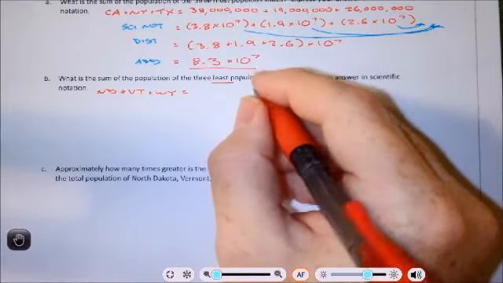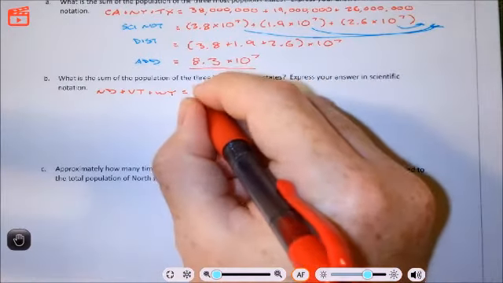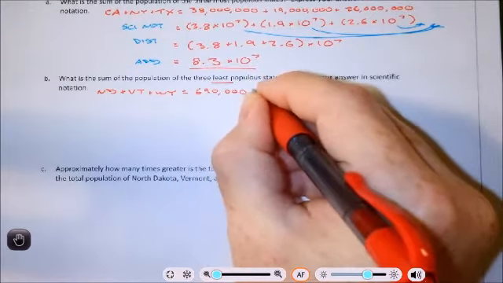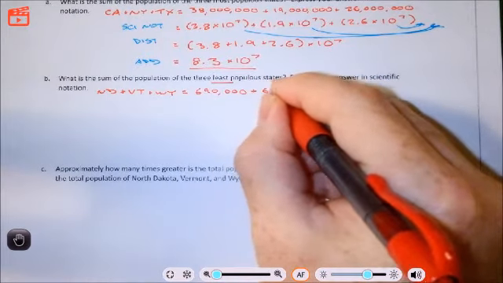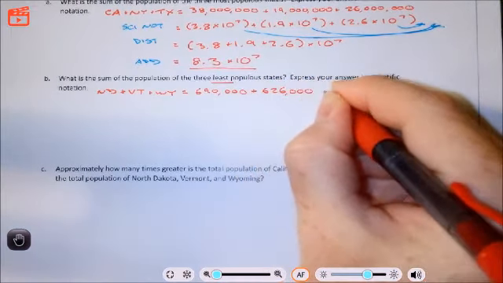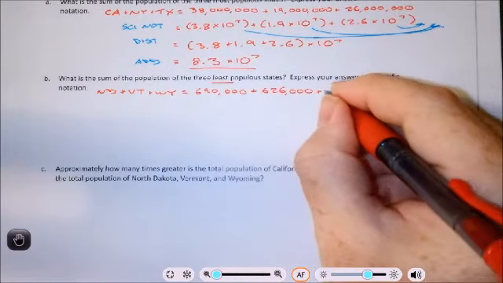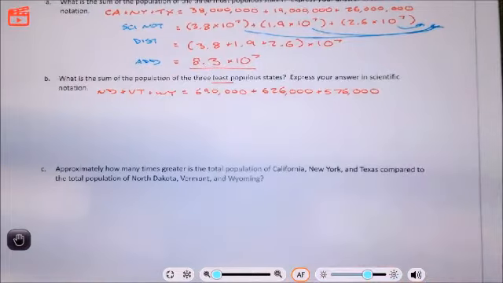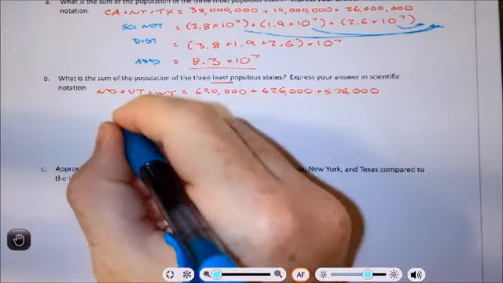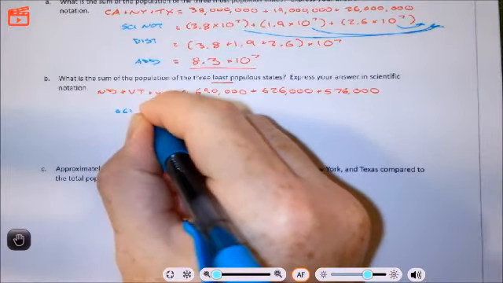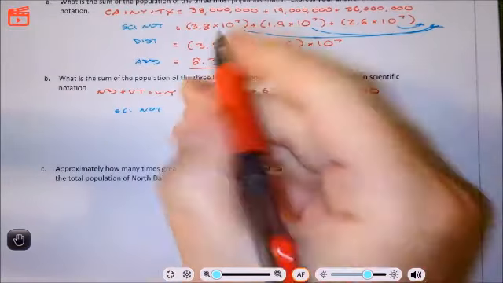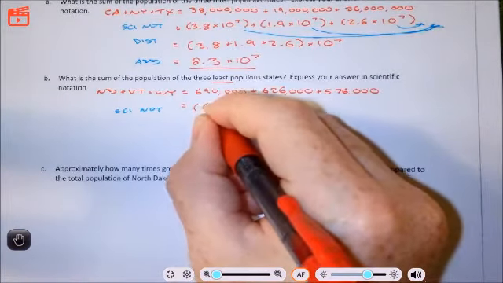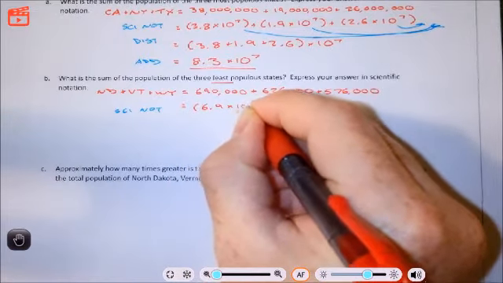Writing their populations in standard form, North Dakota is 690,000 plus Vermont, which is 626,000, plus Wyoming, which is 576,000. First thing you should do is change these to scientific notation. North Dakota becomes 6.9 times 10 to the 5th.